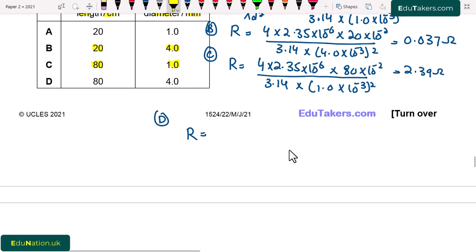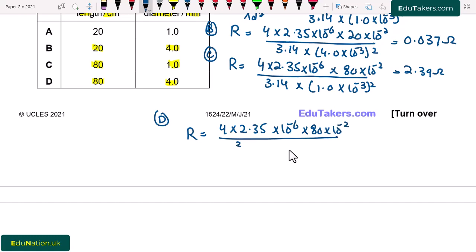Now for the last one, D. Here for D, length is 80 while the diameter is 4.0. So I write here 4 into 2.35 multiplied by 10 to the power minus 6, 80 into 10 to the power minus 2, divided by 3.14 into 4.0, 10 to the power minus 3 squared.